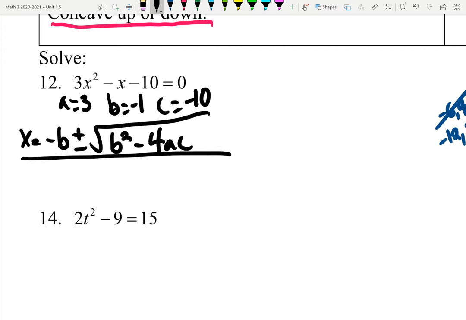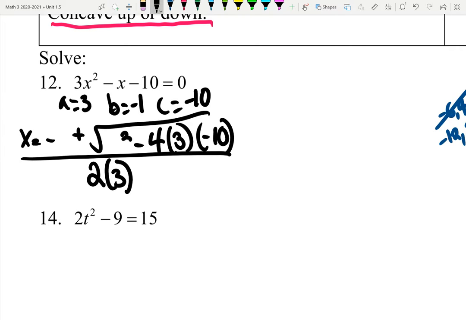So let me go ahead and substitute in some of my values. A is going to be 3, so I'm going to replace it to be 2 times 3. I'm going to also replace the a next to the 4 with a 3. Replace the c with a negative 10. And my final replacement is to substitute negative 1 for b. I put it in parentheses as a habit.